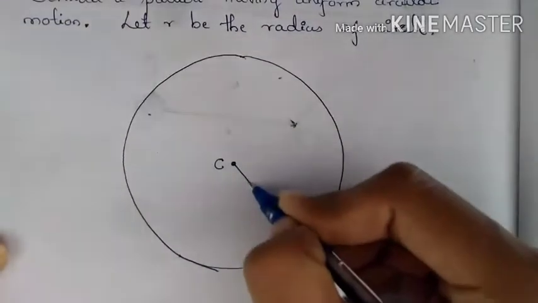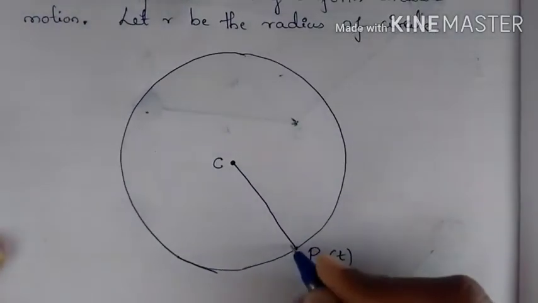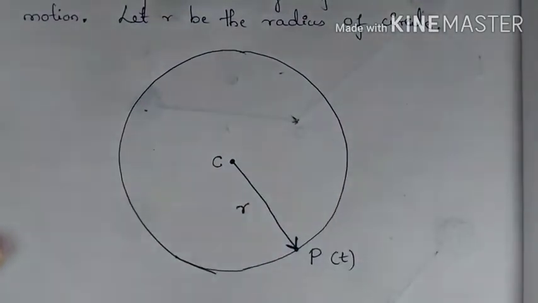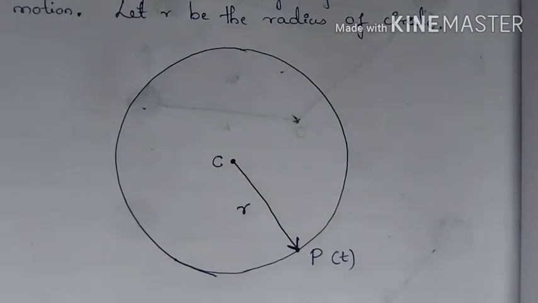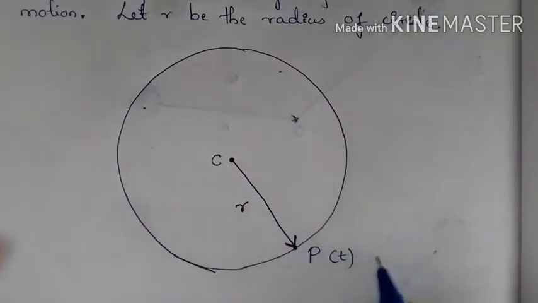Let us draw the position vector for P. The position vector for P will be r. So r here is the position vector for a particle which is at a point P at time t.